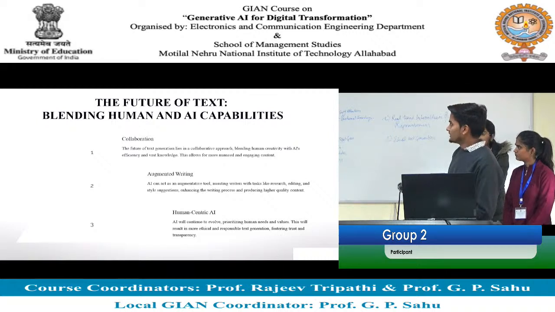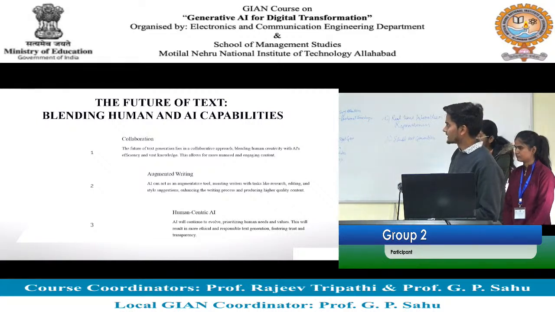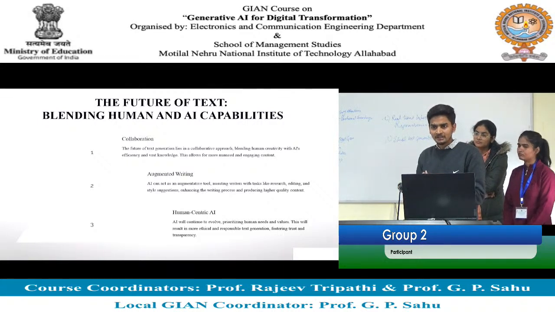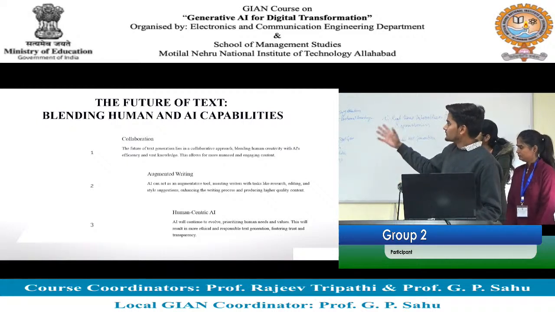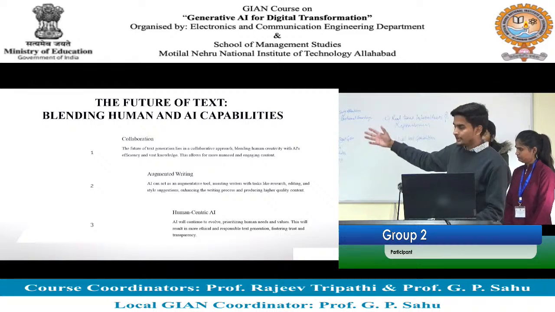Now, in this slide, I have tried to explain the future of text with three points: collaboration, augmented writing, and human-centric AI. The future of AI depends on how we collaborate human skills with artificial intelligence. Human skills means the emotional and creative skills of human beings, and the speed, accuracy, and vast knowledge of AI.